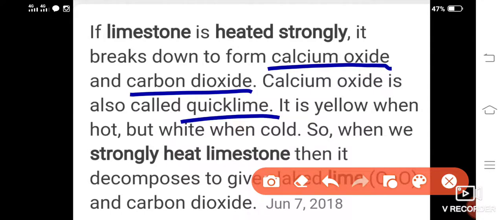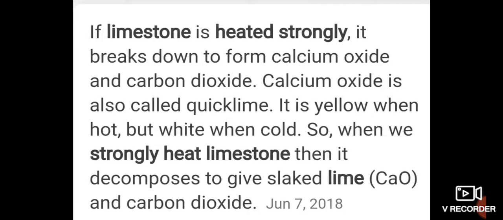It is yellow when hot. So when you heat it strongly, it becomes yellow, but white when cold. So when it is cold, it is white. When you heat it, it becomes yellow. So when we strongly heat limestone, then it decomposes to give CaO and carbon dioxide.